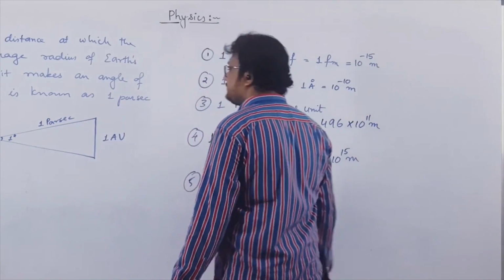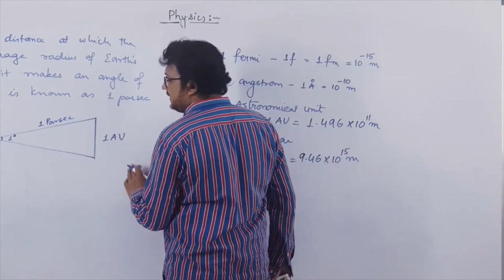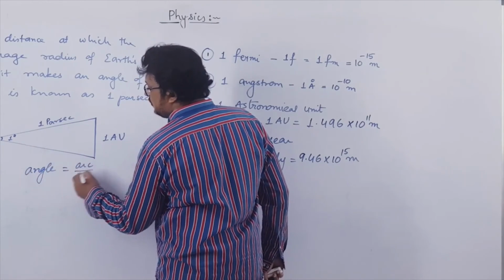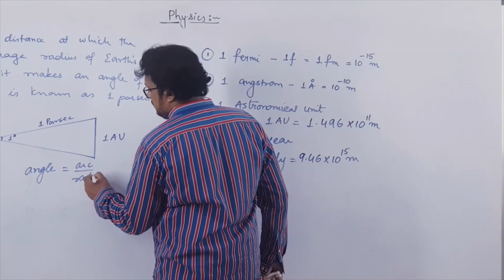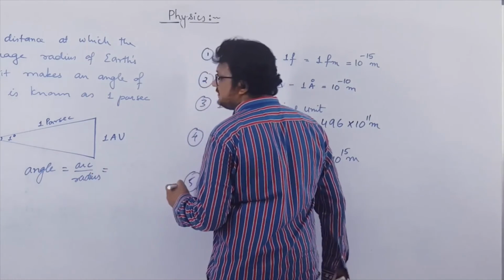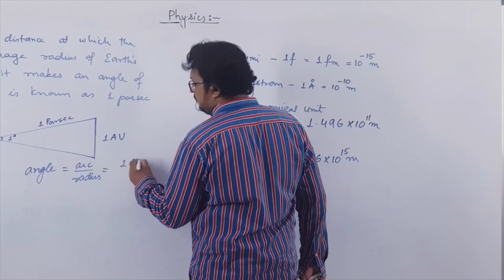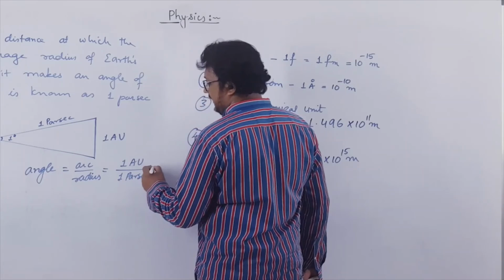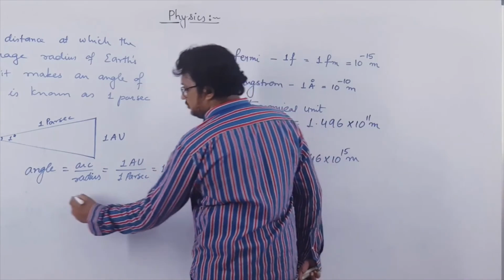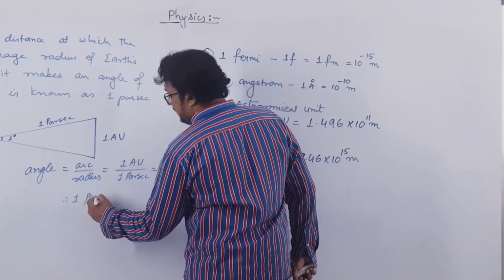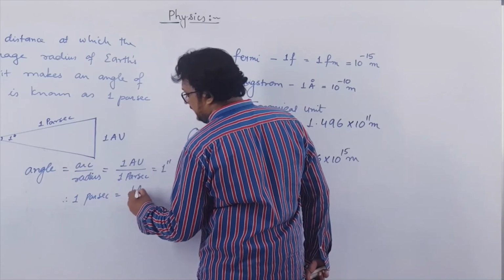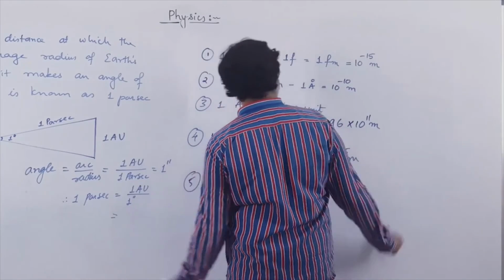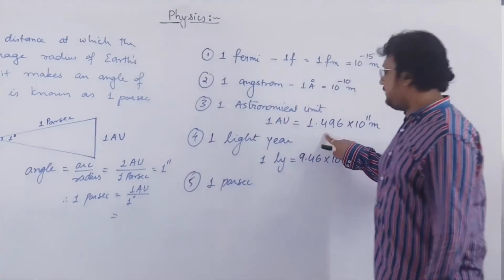So obviously from this we can easily find the value of 1 parsec. We know that angle equals arc over radius. Here the arc is 1 AU over 1 parsec, and the angle is 1 second. Therefore 1 parsec will be equal to 1 AU over 1 second. Now the value of 1 astronomical unit is 1.496 into 10 to the power 11.